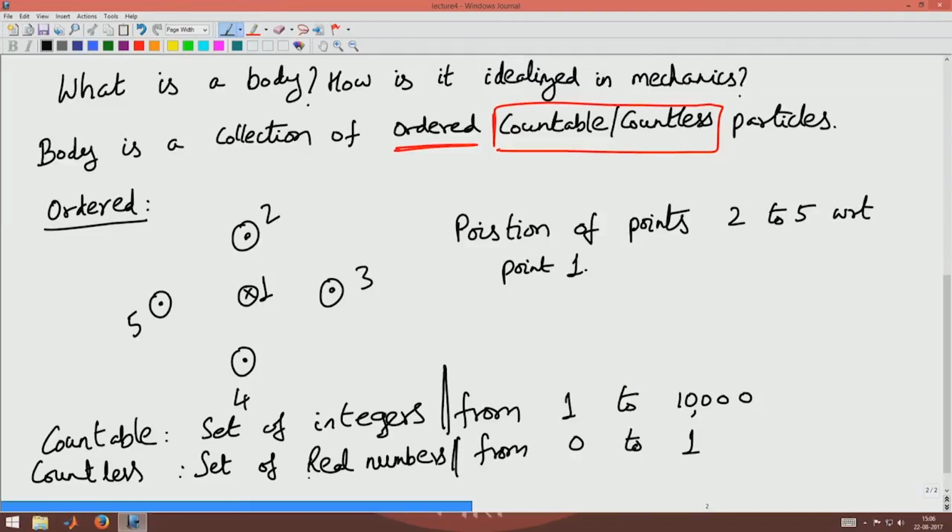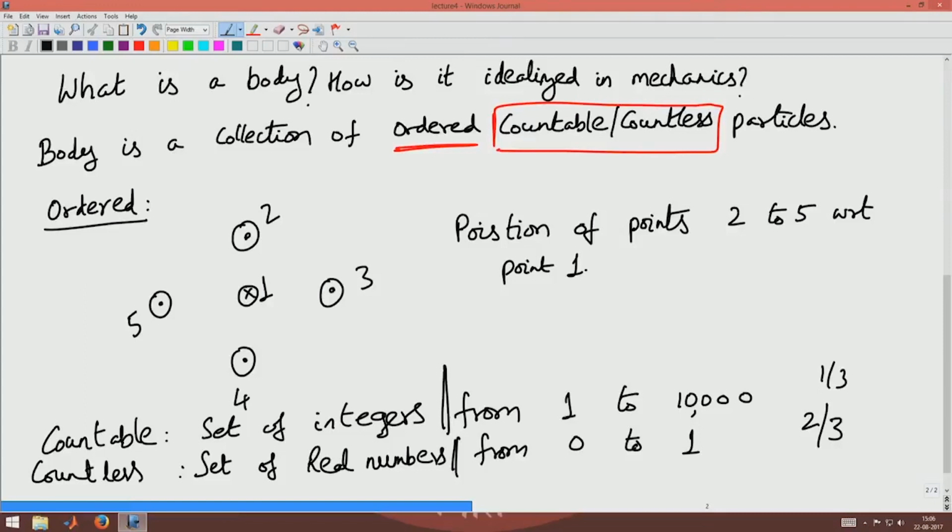That is, you can't isolate one number or one element of the set. For example, if you think of the set of rational numbers, you have 2 by 3 or 1 by 3, the ratio of two integers, as a rational number, but there exists an irrational number between any two rational numbers, and hence real numbers is a countless set, whereas the set of rational numbers or integers is a countable set, even though the number of elements in that set might be infinite.